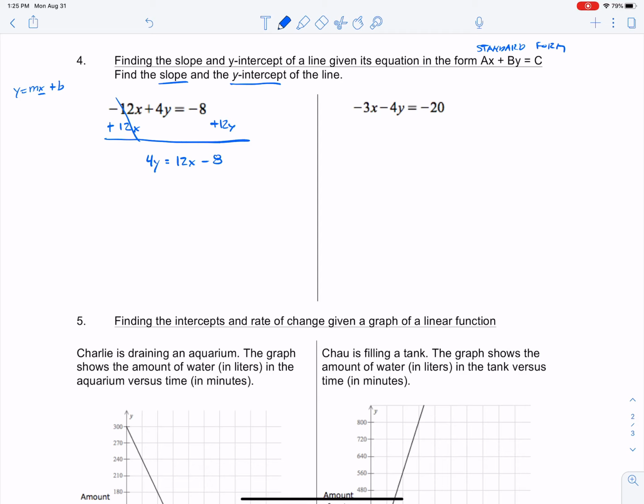I want to get y by itself, so if I divide by 4, I need to divide everything on the right-hand side by 4. So now I'm left with y equals 12 divided by 4 is 3, and I'm left with my x. Negative 8 divided by 4 is negative 2. Now I'm left with y equals mx, and now it's minus b, but that's fine. My b is just a negative number here, so it's still plus b form.